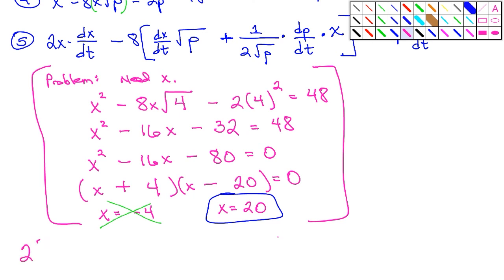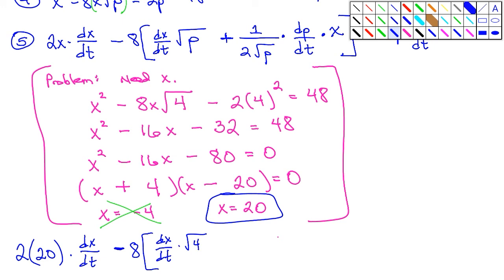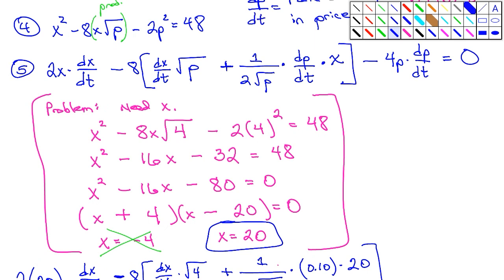So this is going to be 2 times 20 times, we're looking for dx/dt, minus 8 times dx/dt times the square root of 4, because p is 4, plus 1 over 2 square roots of 4, times dp/dt, that's 0.10, times x, which is 20, and then minus 4p dp/dt.